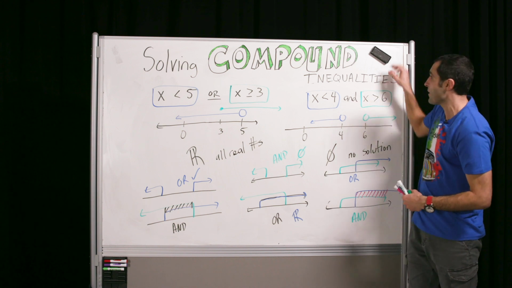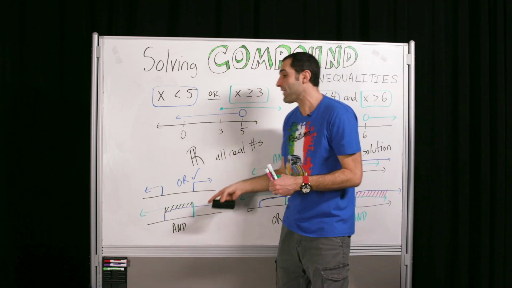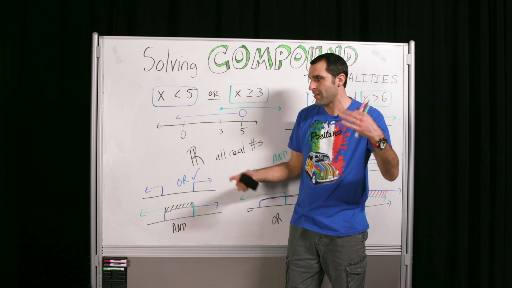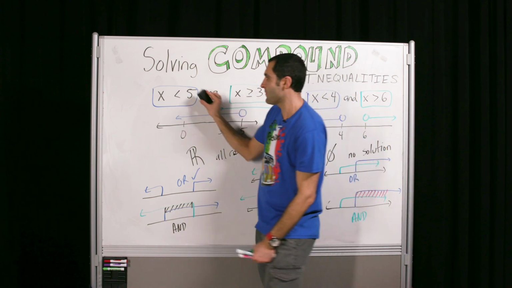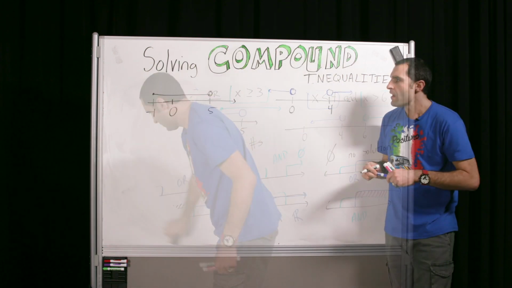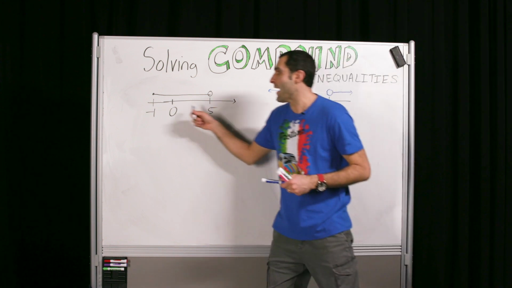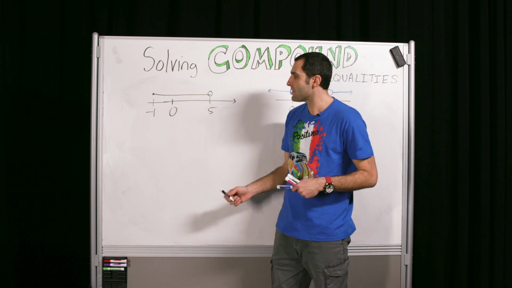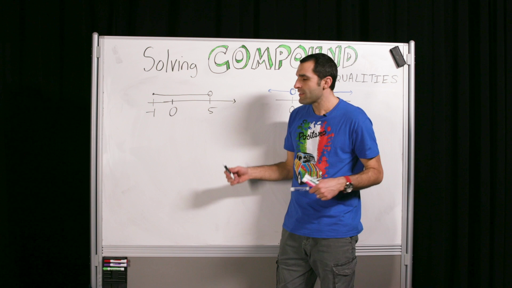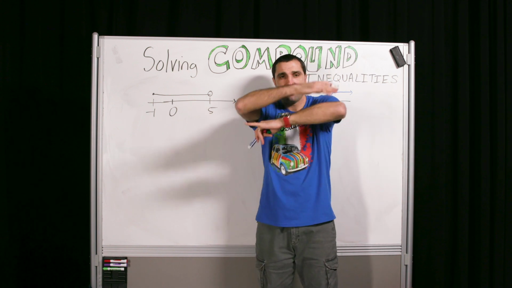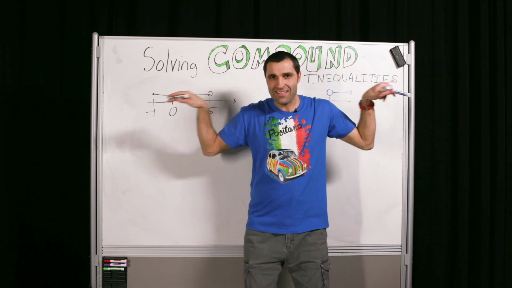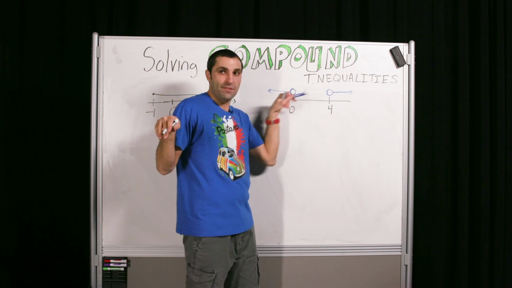The last thing we'll do with regards to this is if I gave you the graph, you come up with the compound statement, right? All right, "or" or "and." Traditionally, this looks like an "and" because it's like overlap. It's not looking like this where one or the other can be true.